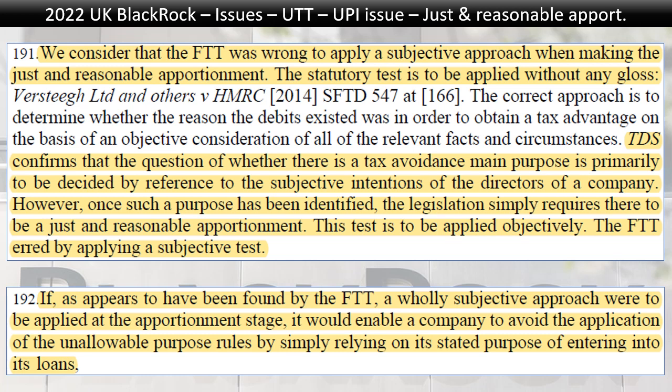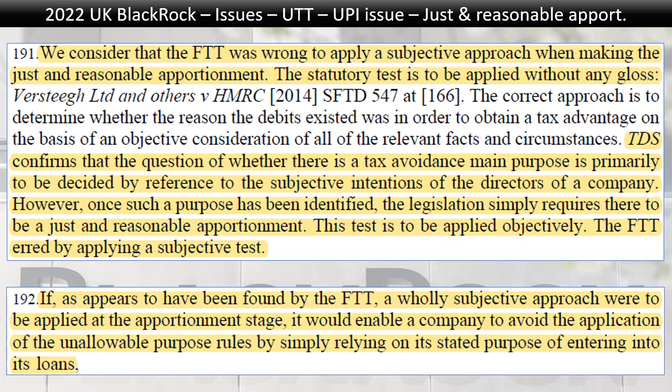And then the UTT goes on and says, if, as appears to have been found by the FTT, a wholly subjective approach were to be applied at the apportionment stage, so not whether there was a tax saving motive, but how do you split it, it would enable a company to avoid the application of the unallowable purposes rules by simply relying on the stated purpose of entering into the loans.